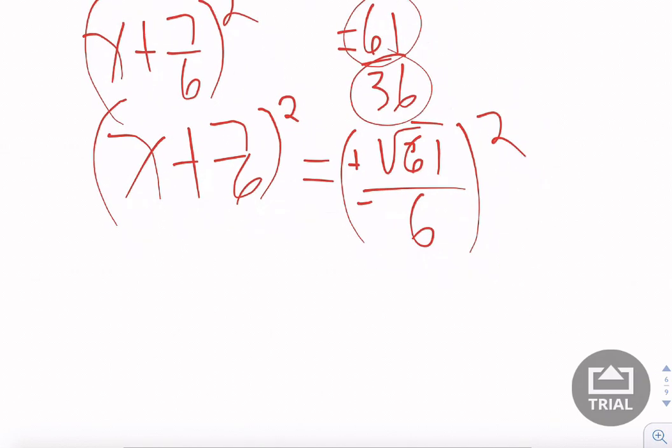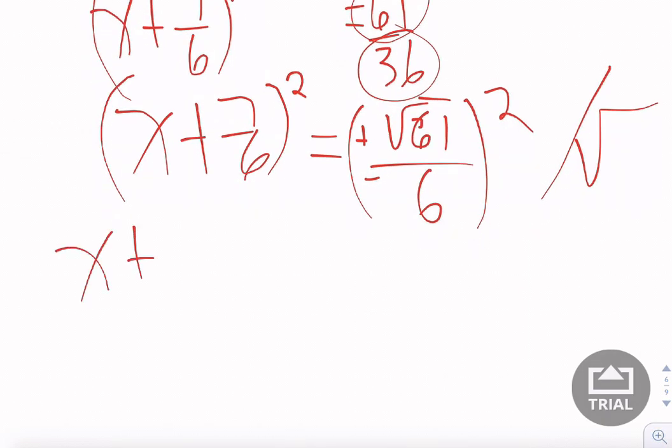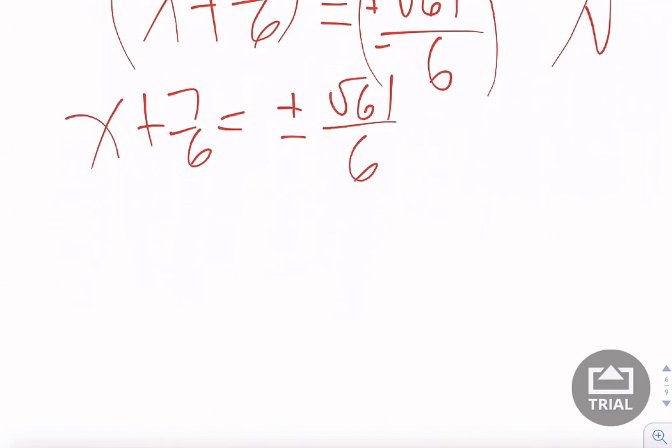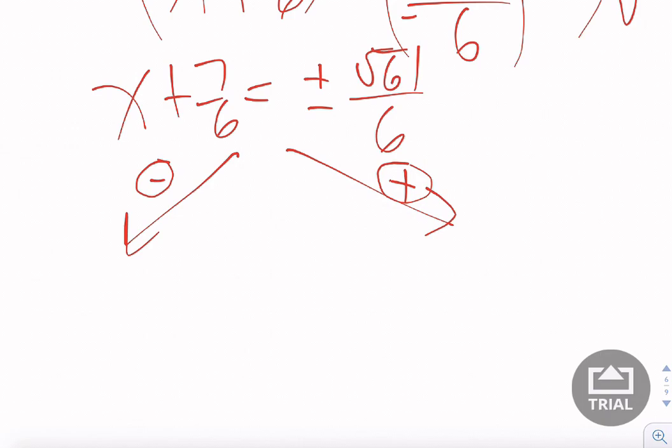So now to solve this, what do we do to both sides? Square root. And I end up with x plus 7 over 6 equals plus or minus root 61 over 6. Okay, so I have that. Now I need to consider that there's going to be a negative answer and a positive answer. So for x1, I have to subtract 7 over 6 on both sides.